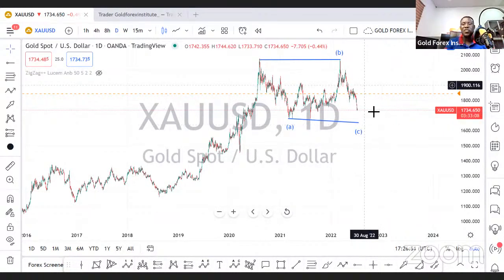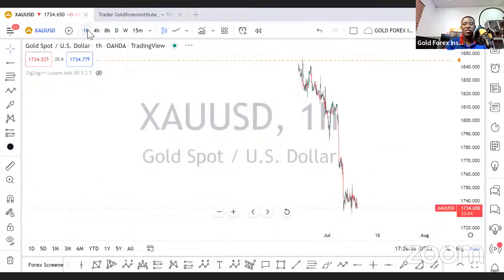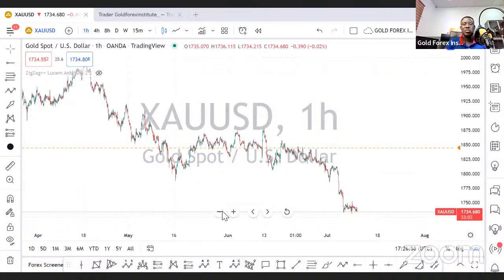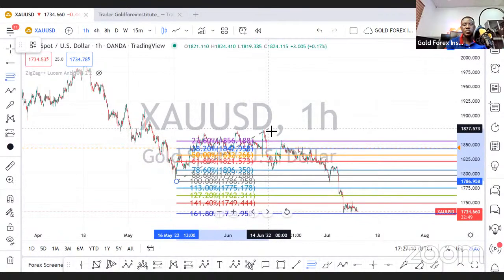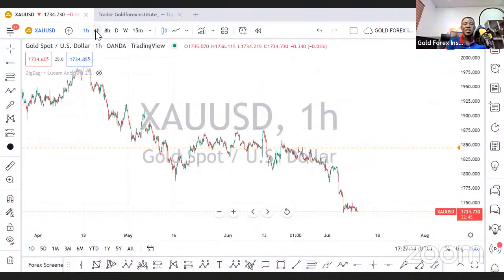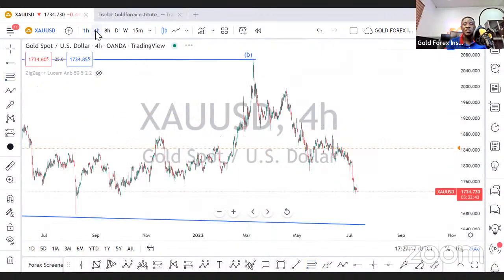Now, this is forming 5 waves. Let me see where the 5 waves has gotten to. This is a break of market structure. Where it has gotten to is very dangerous.